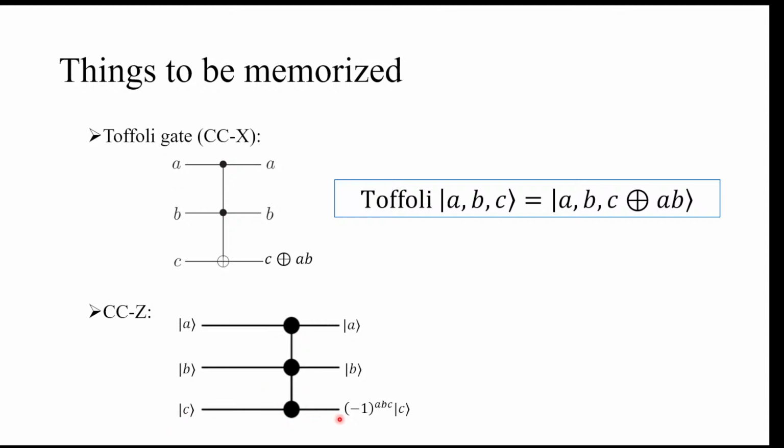So you have (-1)^(ABC) in front of basically everything, because it's just a scalar factor. And so you get a minus 1 phase only when all 3 of A, B, C are 1.